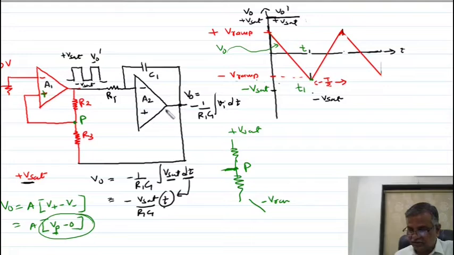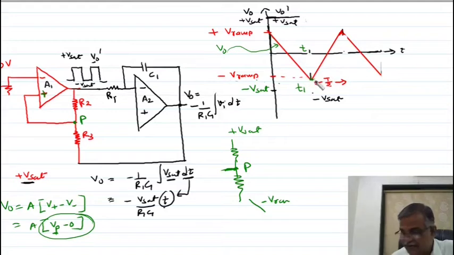As a result, according to this equation, the output voltage of A2 will be a negative ramp voltage, and that is given to the lower end of the potential divider network at this point. The upper end is fixed at plus V sat. The lower end has the negative ramp voltage, which means as time increases, the voltage decreases, as shown in the figure.